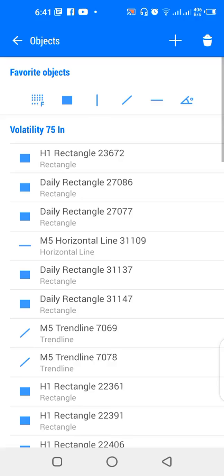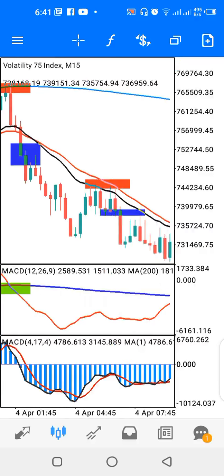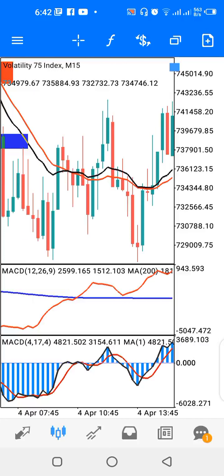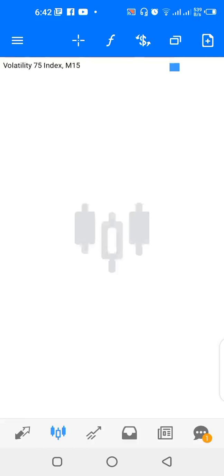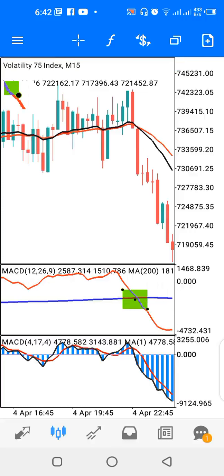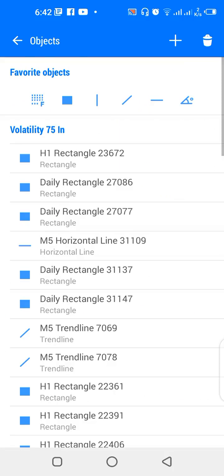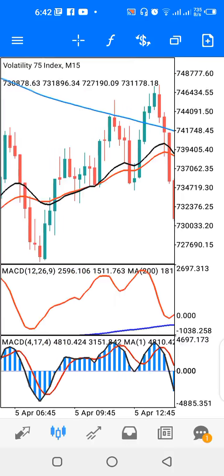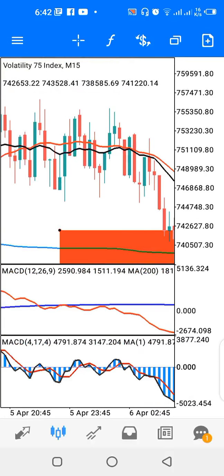When it crosses up, it's a buy signal. Like you have a buy signal here, a sell signal around here, then a buy signal around here, and a sell signal.